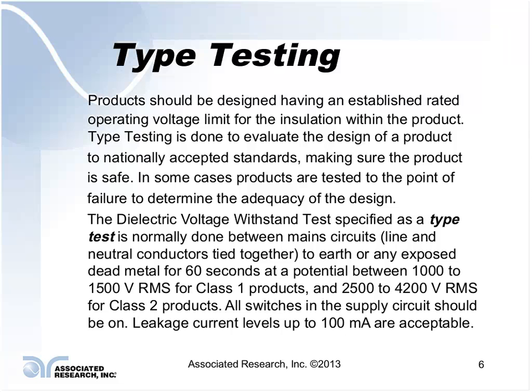The test potential for a type test in many cases is anywhere from 1,000 to 1,500 volts for a Class 1 product, 2,500 to 4,200 volts RMS for a Class 2 product.